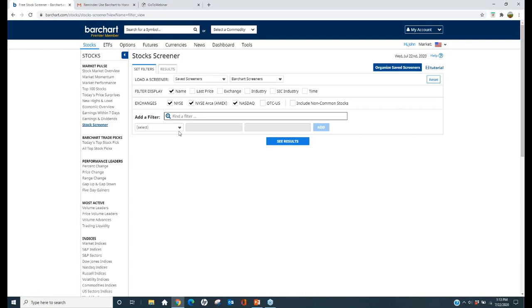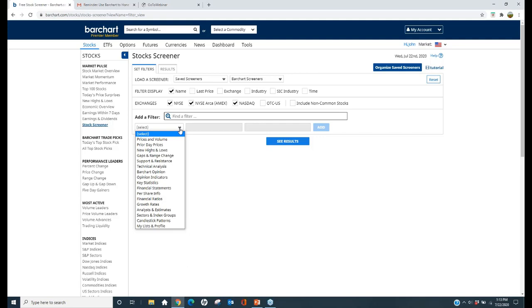So if I come down here, there is an arrow that will categorize our filters into large groups: price and volume, prior day prices, highs and lows, gaps and changes, support and resistance, technical analysis, Barchart opinion.